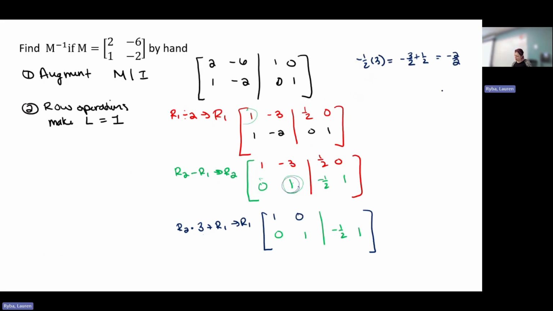Leaves me with -2/2 or -1. And then 1 times 3 is 3. 3 plus 0 is 3. So that means this over here is now M inverse of the initial matrix. So if I were to take this times this, I would get the identity matrix.